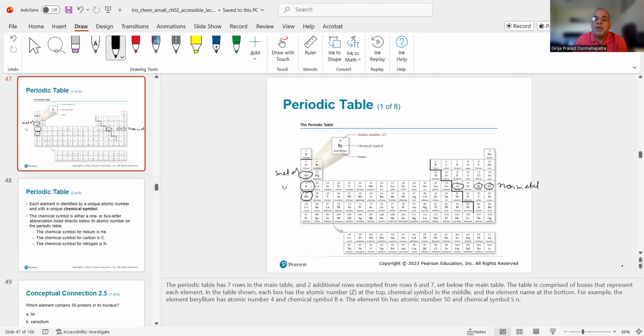Also, just to tell you, the metalloids we talked about are a type of element which has some properties of the metal and some properties of the non-metal. Sometimes they are also called semiconductors, and they are very useful for today's modern electronics.